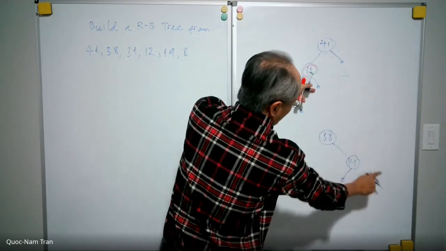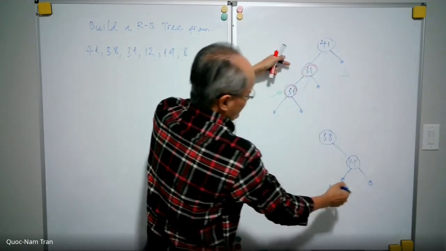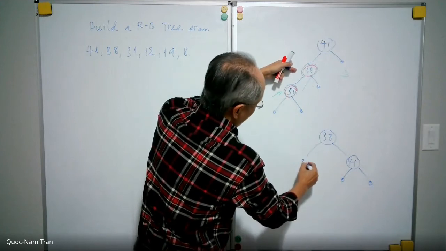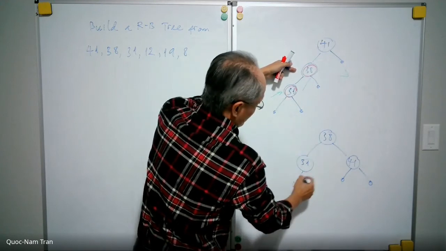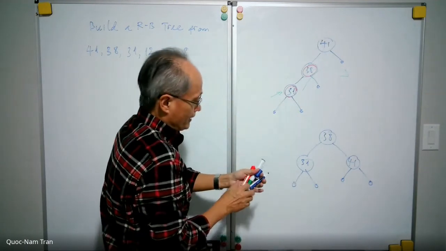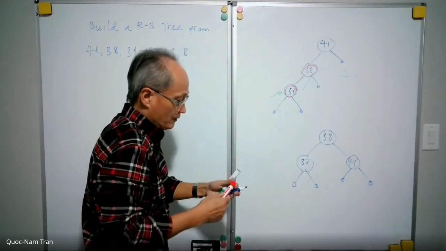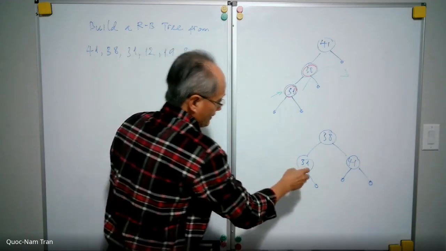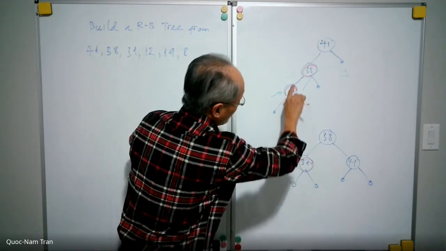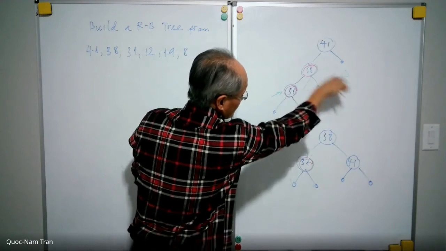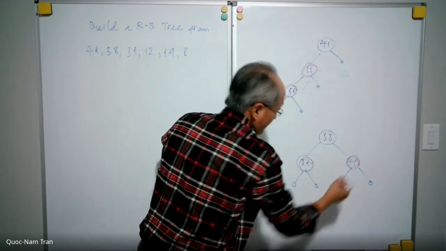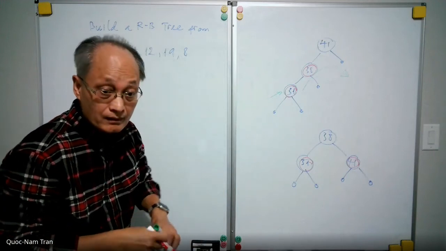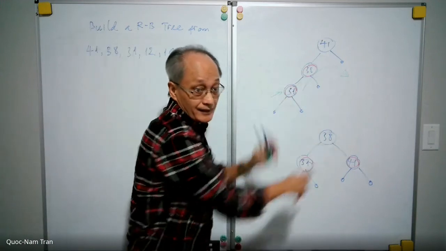This one will become the right of here, right? And then on this side, we have 31. And here we have the 2, right? And now the color of 31 is red. When we rotate, we bring the red to the other side. This is what we call rotate right.